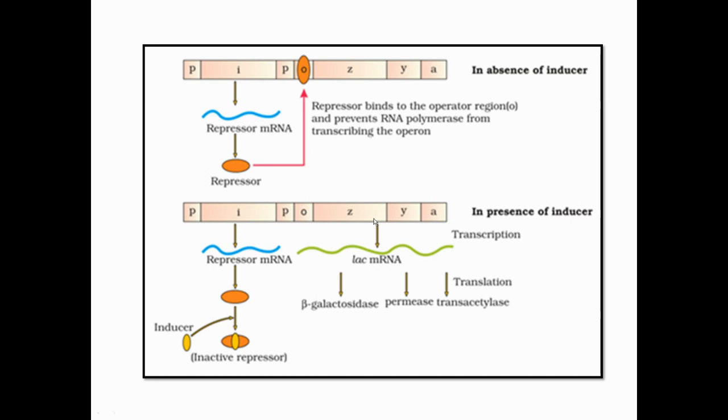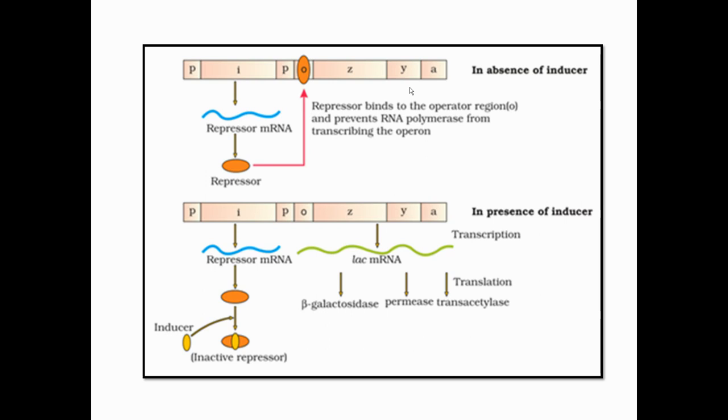That's how the regulatory gene sequence is going to control the expression of the rest of the genes. That is, the I gene, the inhibitor gene, is going to control the rest of the gene transcription. So this I gene is referred to as the regulatory sequence.